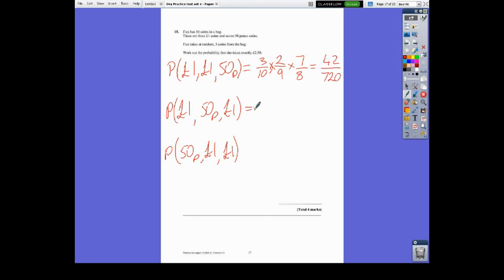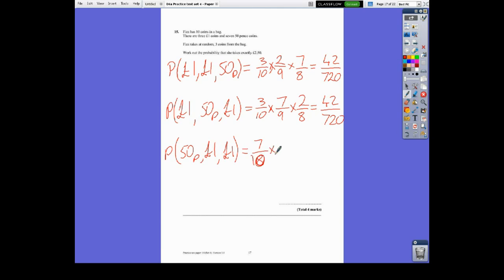To get a pound first again, it will be 3 out of 10. To get a 50p second, there are still 7 50p's in the bag, but only 9 coins. And then the final pound, there will be 2 pound coins left out of 8 coins. And that again gives us 42 out of 720. The final way to get 50p first would be 7 50p's out of 10, sorry.